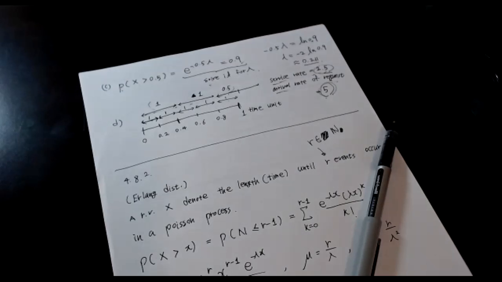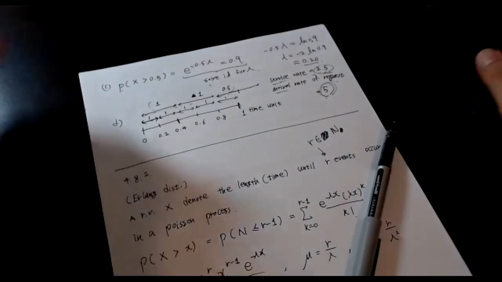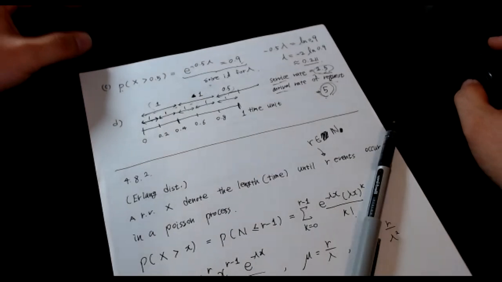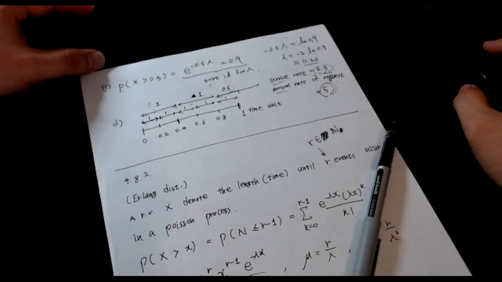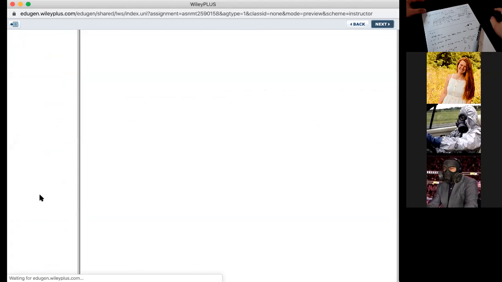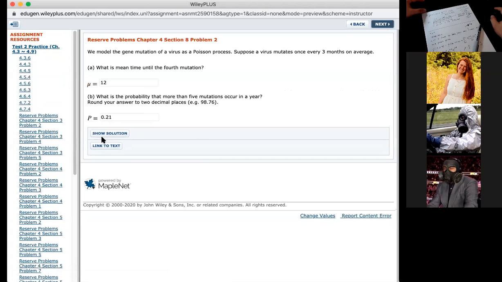So now we're going to move to 4.8. 4.8 is about the Erlang distribution and the gamma distribution. Okay, so 4.8.2.